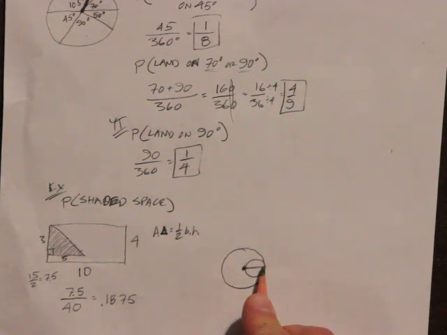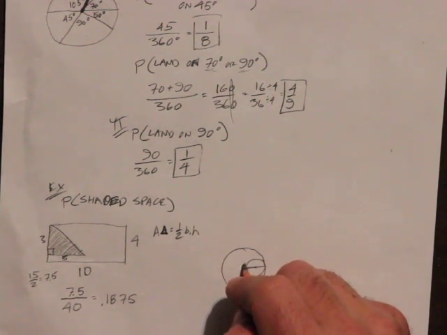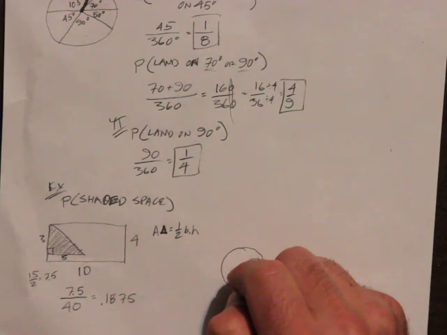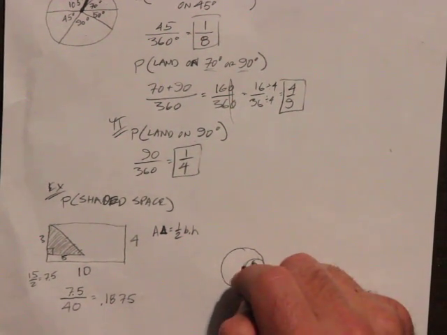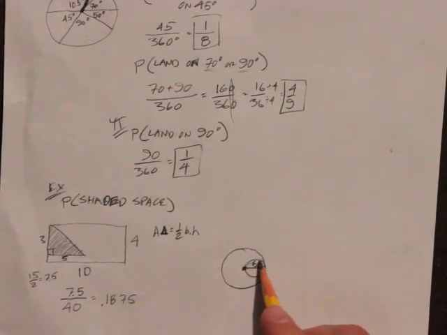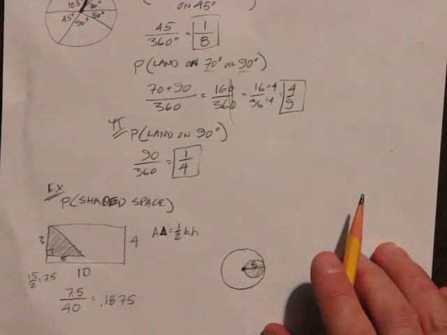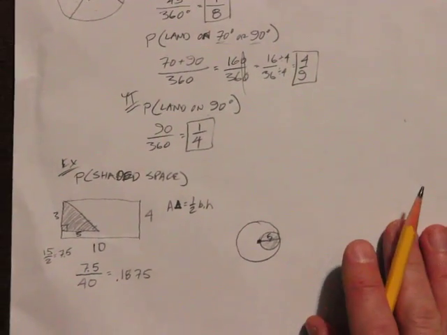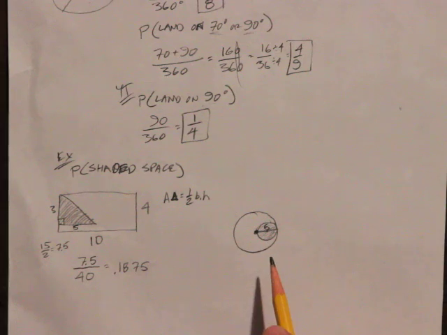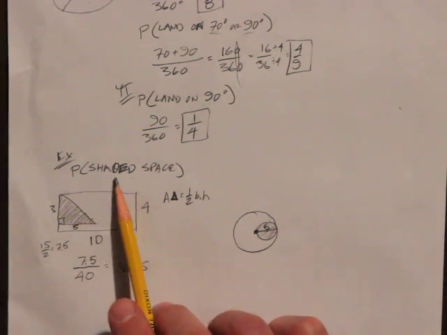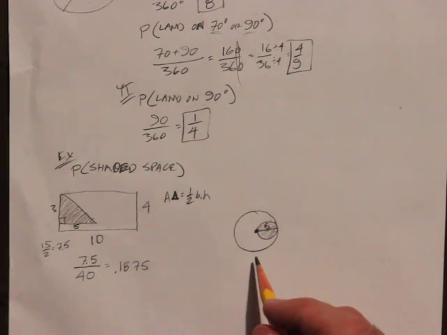The radius of this big circle is 6. And it just so happens that the little circle in there, the diameter is 6. And that's the circle I'm interested in, finding the probability that I'm landing in the shaded region.